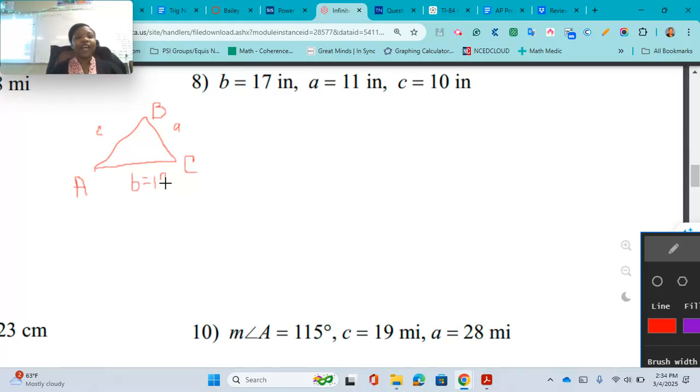We had the length of A at 11 inches. And we had the length of C at 10 inches.